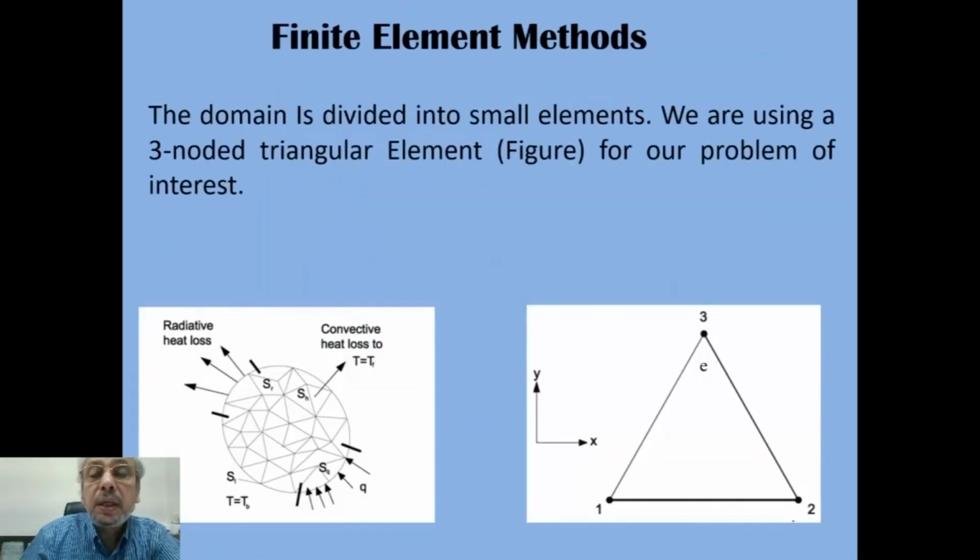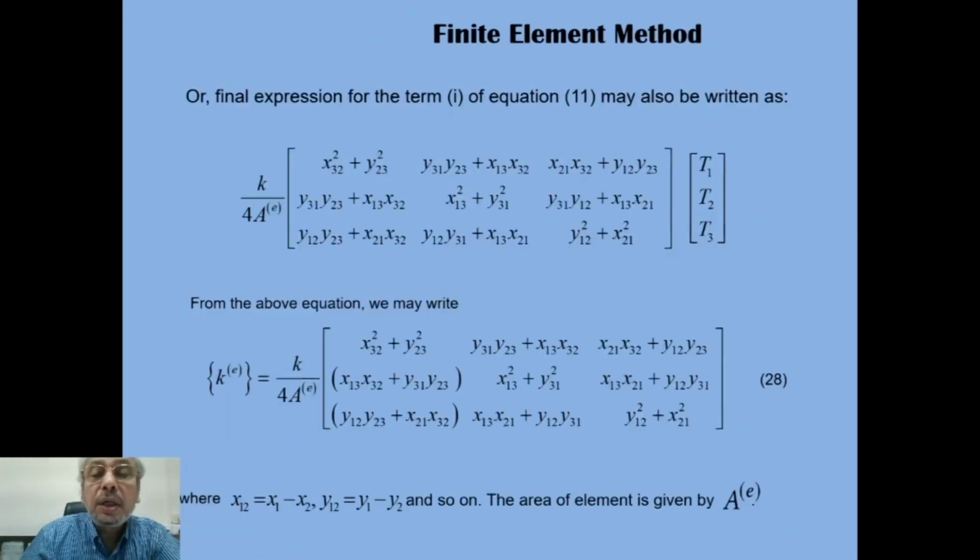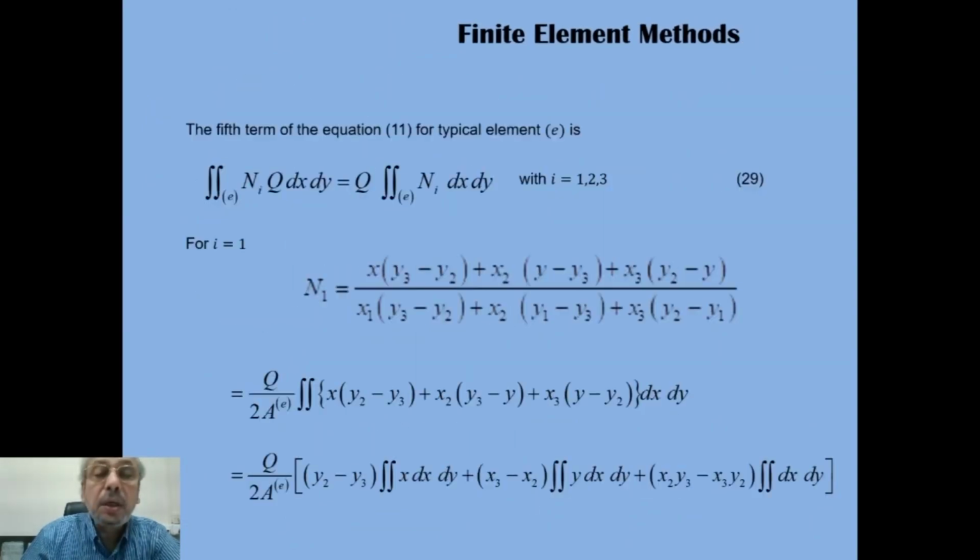So we will now go for evaluation of the fifth term, which is the integral over the element of Ni q dx dy, where i will vary from 1 to 3.